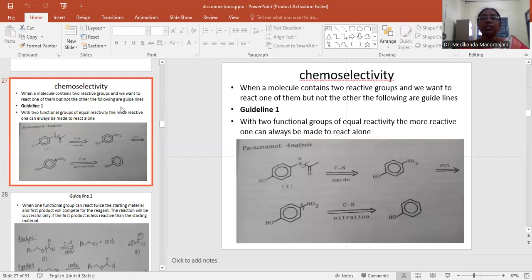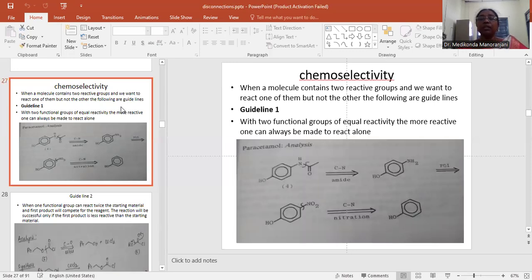Now let us look at the word chemoselectivity. When the molecule contains two reactive groups and we want to react one of them but not the other, the following are the guidelines. Guideline 1. With two functional groups of unequal reactivity, the more reactive one can always be made to react alone. For example, this is paracetamol and there are two functional groups, NH2 and OH.